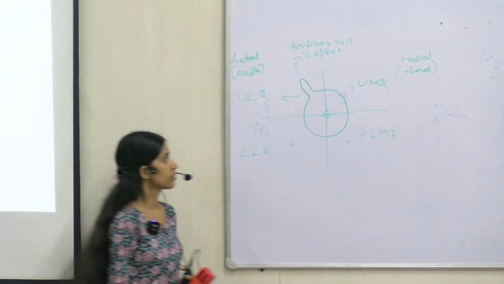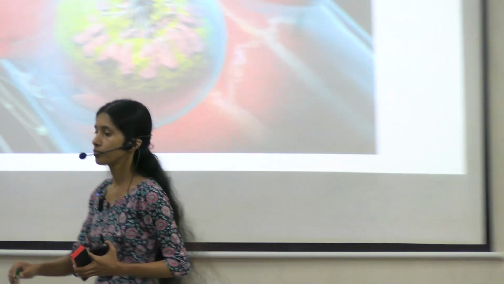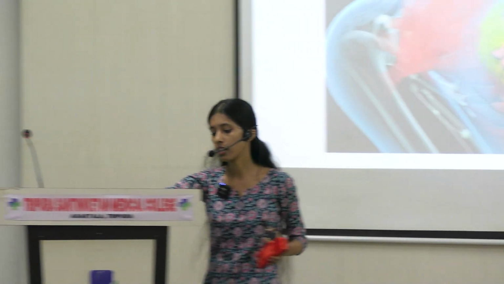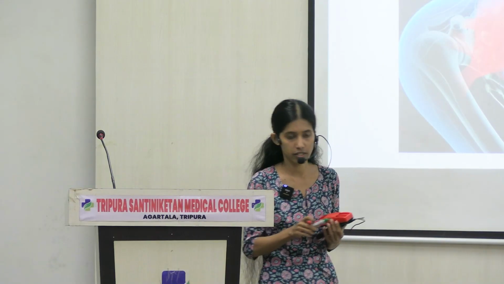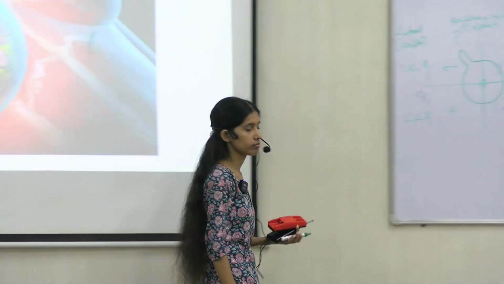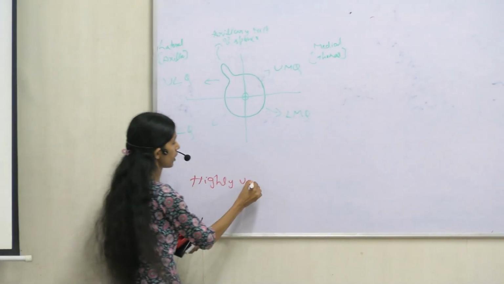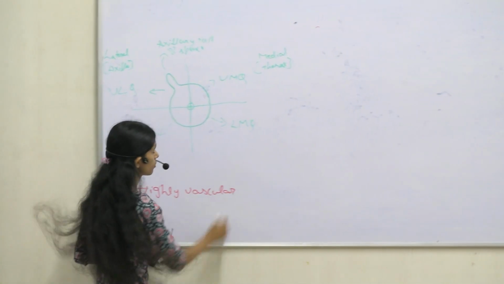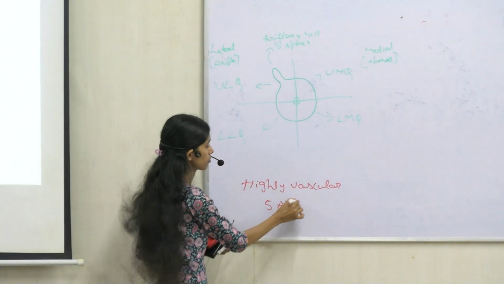We'll see the blood supply of your mammary gland. Your mammary gland is a highly vascular structure. It is totally supplied by 5 arteries. Any idea which arteries? It is supplied mainly by 5 arteries.